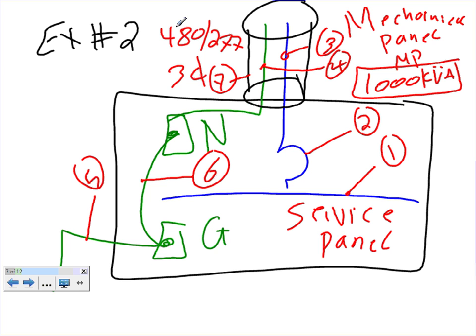If you guys see, can you see that the neutral here is bonding the ground? So if you lose your neutral, then this piece will act as a neutral. So they want it to be sized larger. And the grounding electrode conductors, guys, are one of many. You will have multiple grounding electrode conductors.